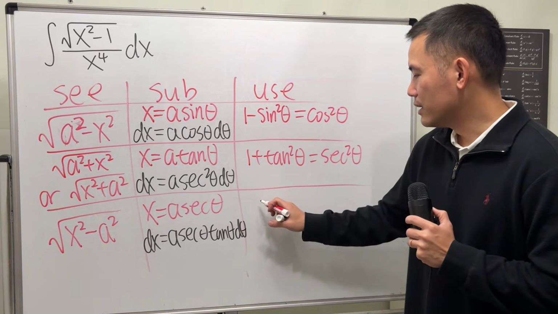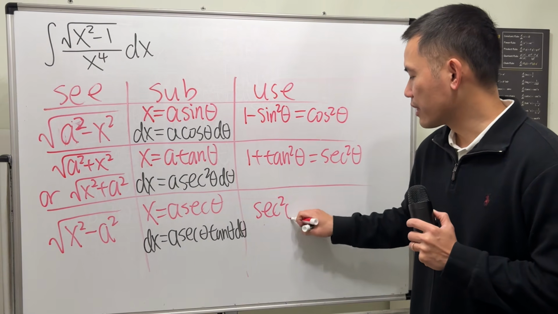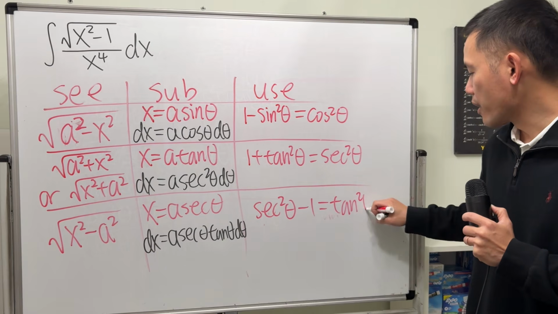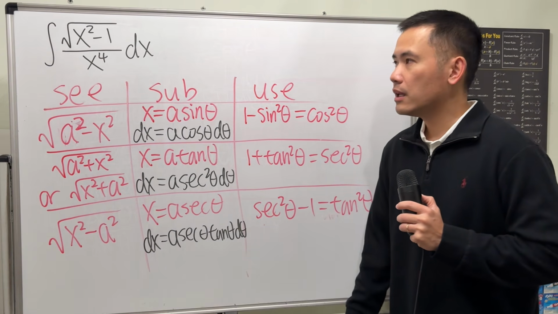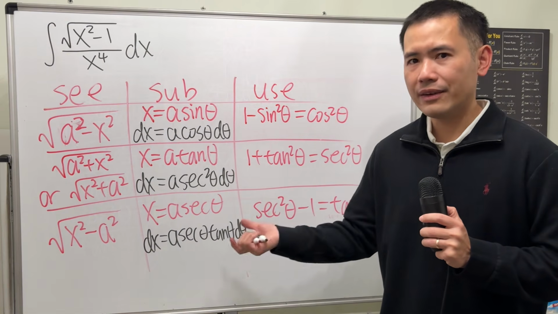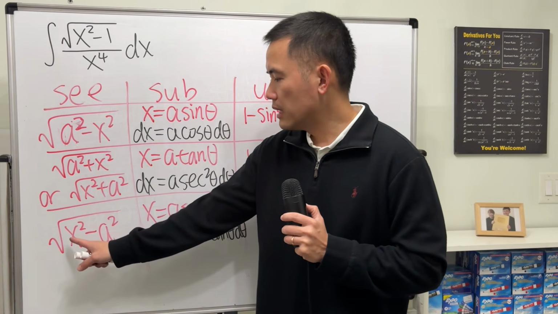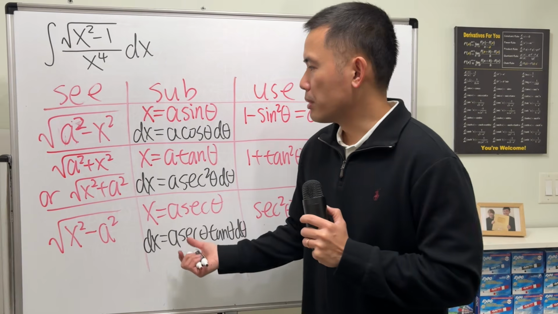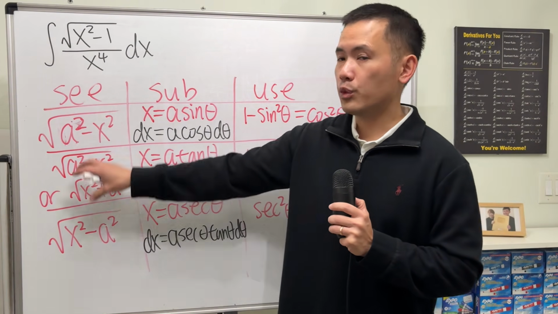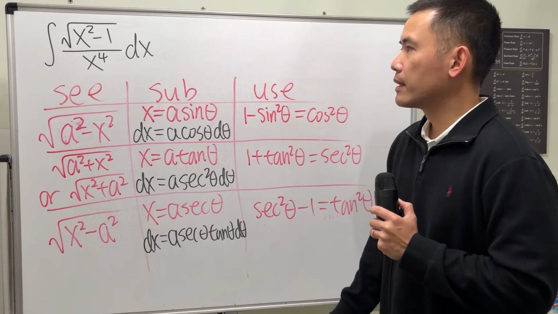And the identity for this is secant squared theta minus 1 gives you tangent squared theta. So this right here is the trig sub table that you should have in your notebook. And technically I will say this applies to more than just square roots. But in this section, usually you will be dealing with square roots, so keep that in mind.